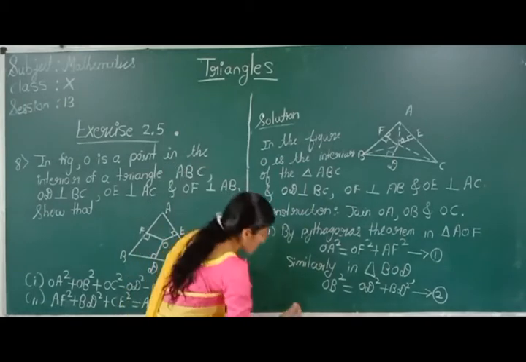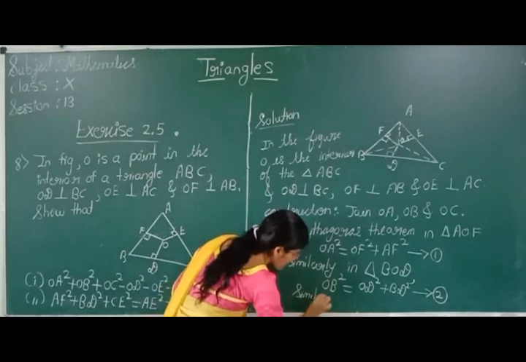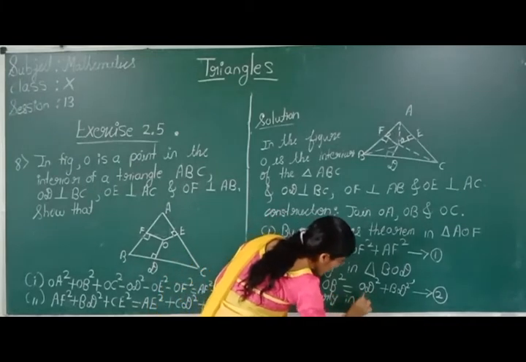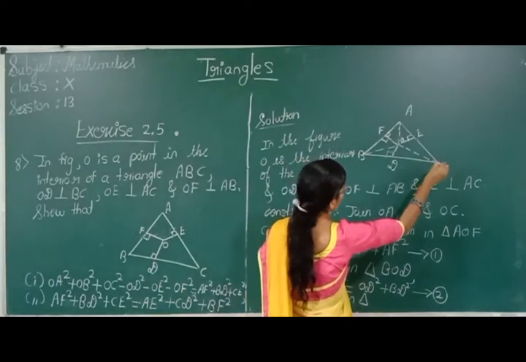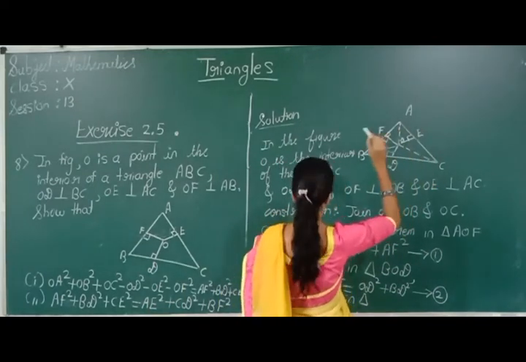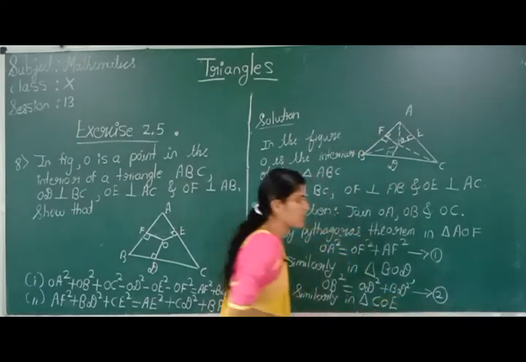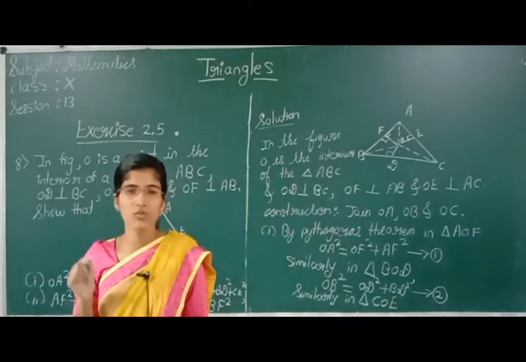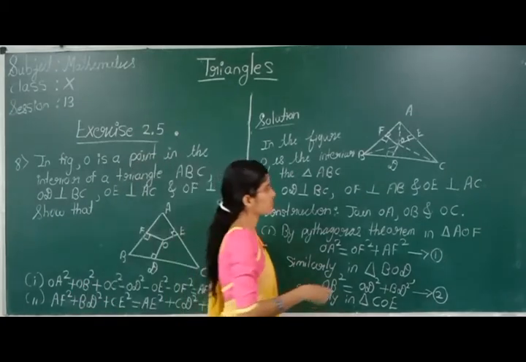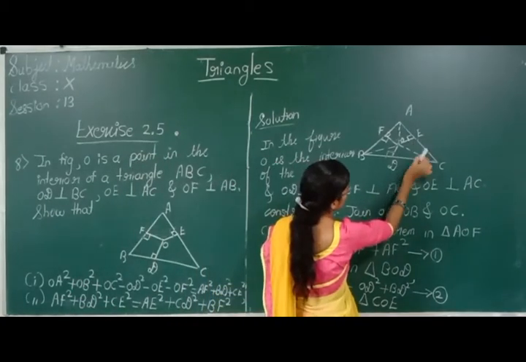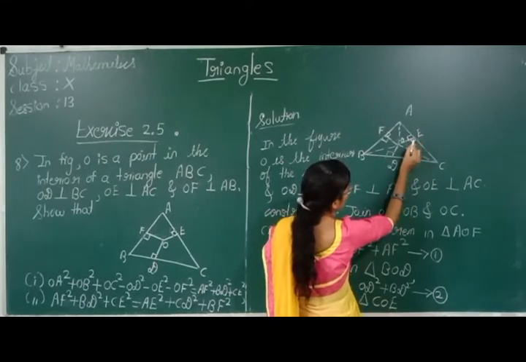Okay. See here. Similarly, in triangle COE, if 90 degree is there, you just have to remember the Pythagoras theorem, right? Here in COE, which is the 90 degree? Here angle E is 90 degree. How to find the hypotenuse?